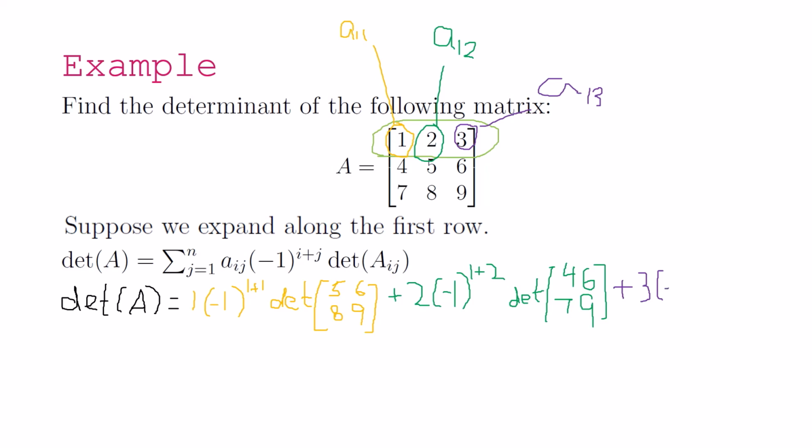So we'll have 3 times negative 1 to the power of 1 plus 3 times the determinant of the minor matrix A13. So this will be the matrix that we get when we take out the first row and the third column of the matrix A. So this will be the matrix with the entries 4, 5, 7, 8.